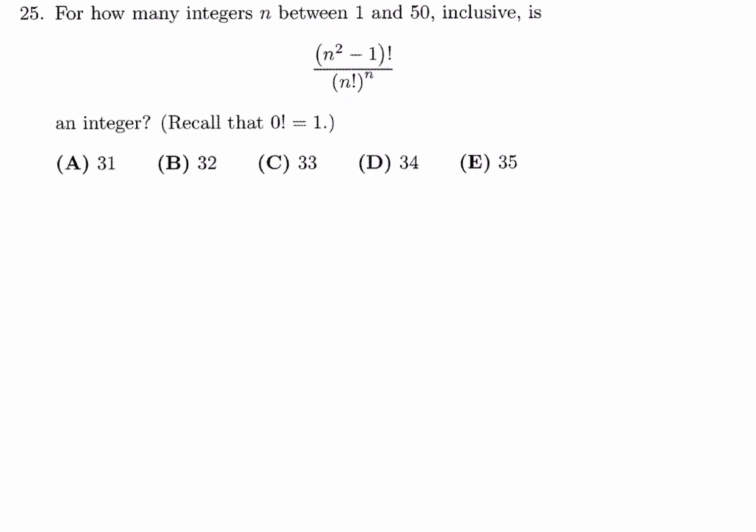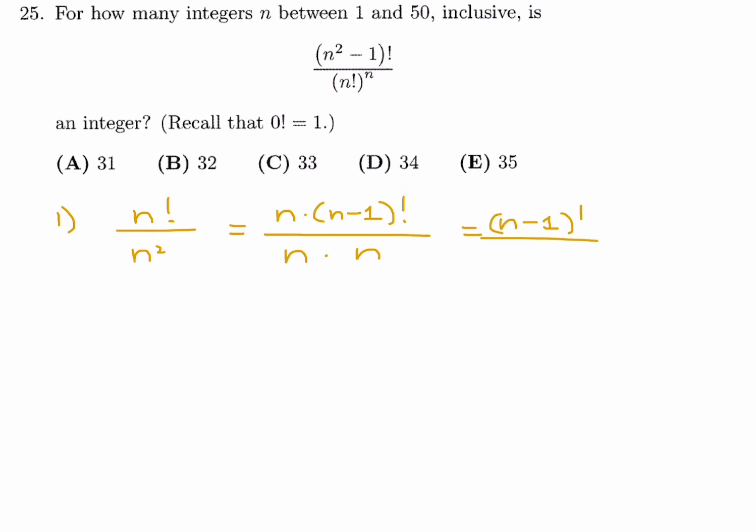Before I dive into this, I just want to mention, if you had n factorial over, say, n squared, well, you could write this as n times n minus 1 factorial, and then the bottom you can break up into n times n. These two n's would cancel, and it would leave you with just n minus 1 factorial over n.